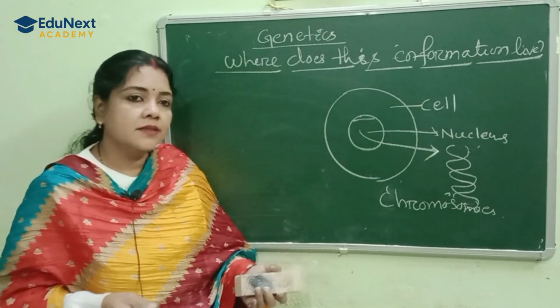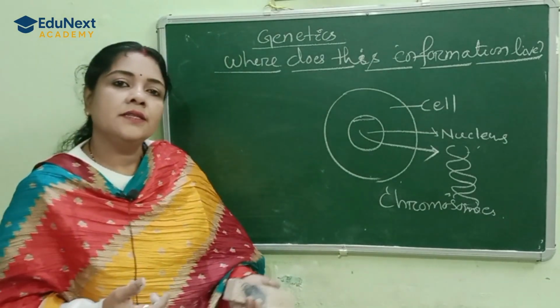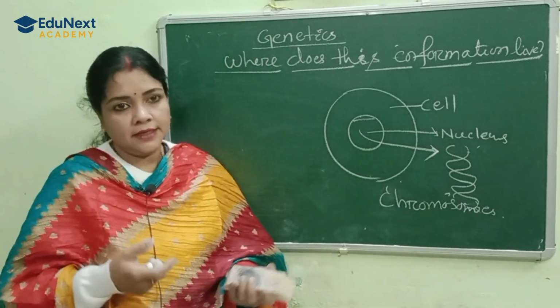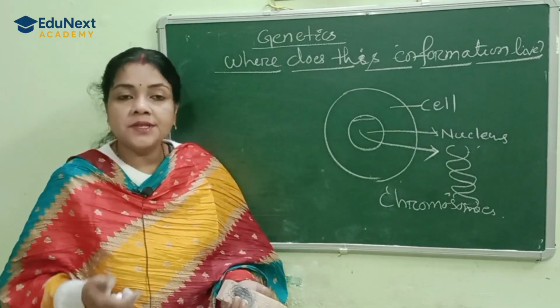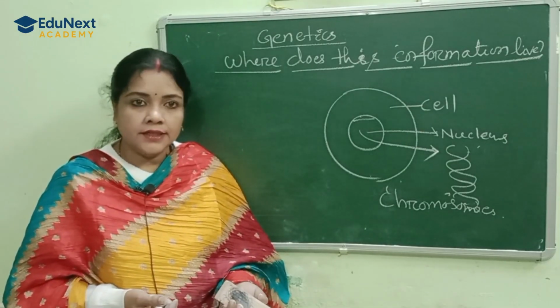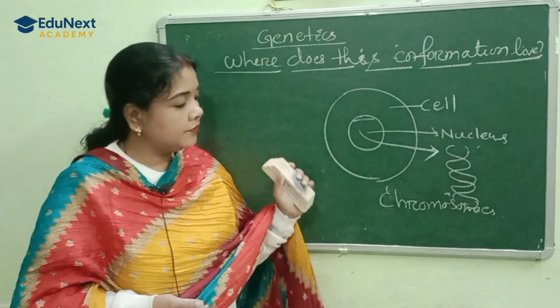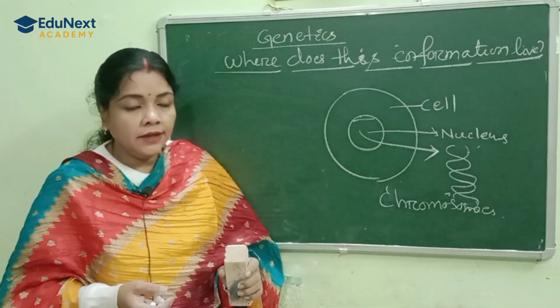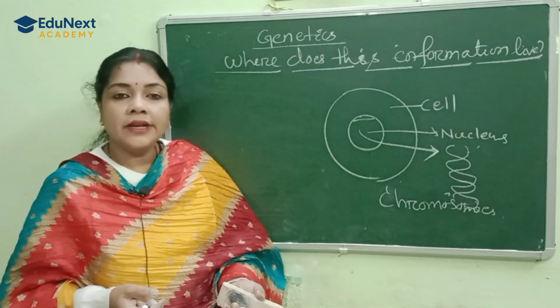Now let us discuss where this information lives. As I have already told, information passing is known as heredity. But the question is, where does that information live?